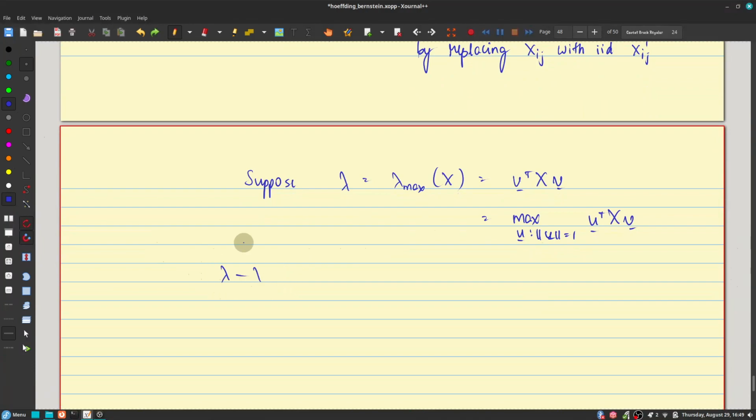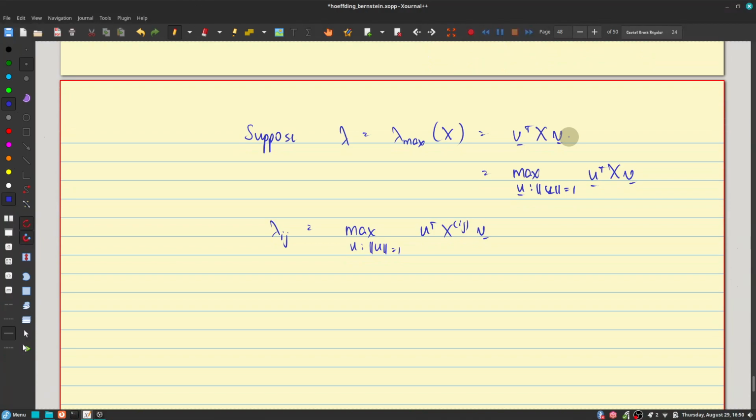Similarly, I'll define lambda ij to be the maximum over all U such that norm U equal to 1 of U transpose X ij V. Remember that V is the eigenvector corresponding to X. Anyway, let me look at lambda minus lambda ij plus, which is equal to lambda minus lambda ij if lambda is greater than or equal to lambda ij, and equal to 0 otherwise.